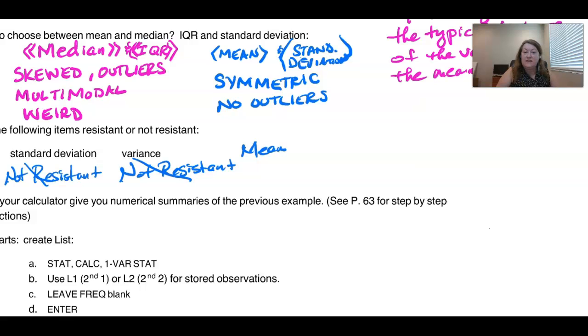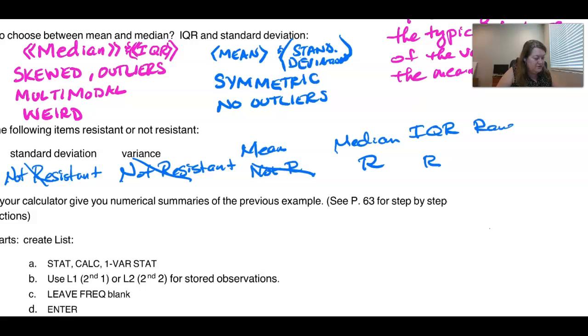Well, mean goes with that side as well. We already did that with a huge outlier. It is not resistant. Okay, median, however, is resistant. IQR, resistant. Range, resistant. Get the idea here? Everything on one side is resistant, everything on the other side is not resistant. Okay? All right, let's see what else we've got going on.